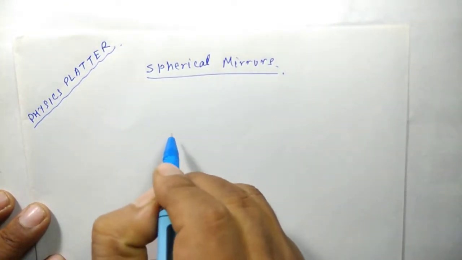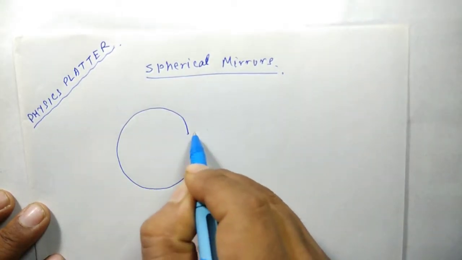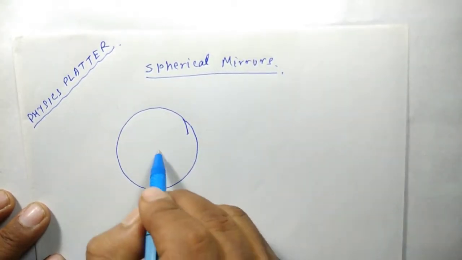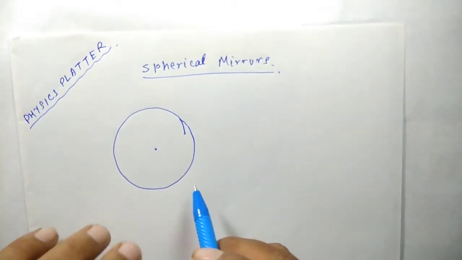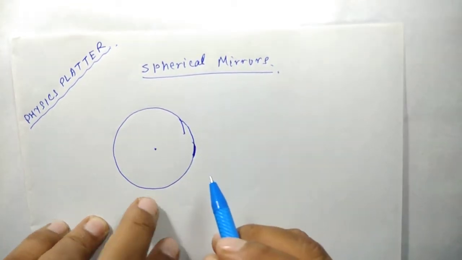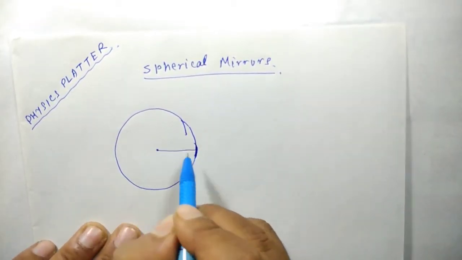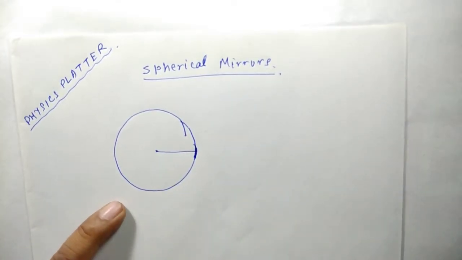So basically a spherical mirror is nothing but a mirror made out of a part of a sphere. So if we take a small part out of a sphere and make a mirror out of it, then that's called a spherical mirror.